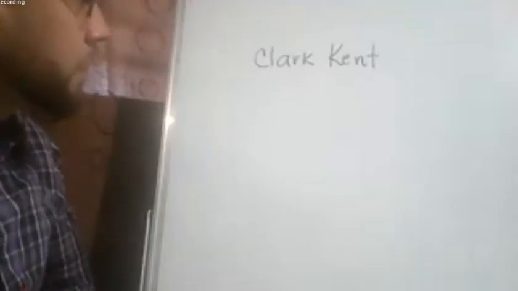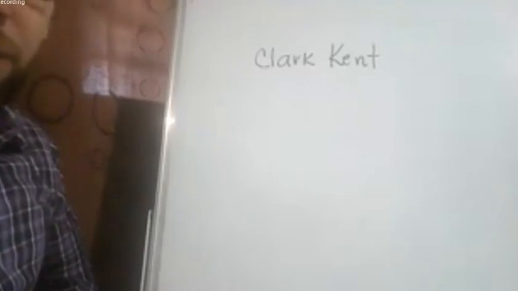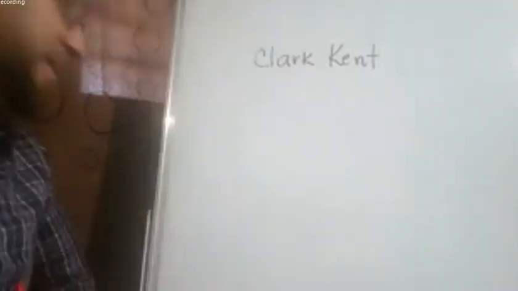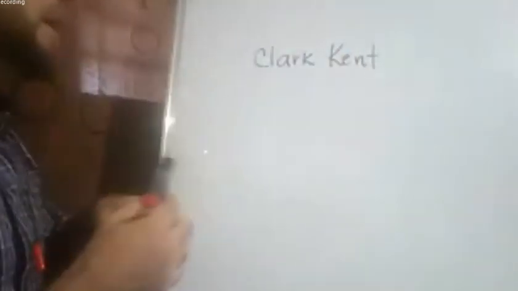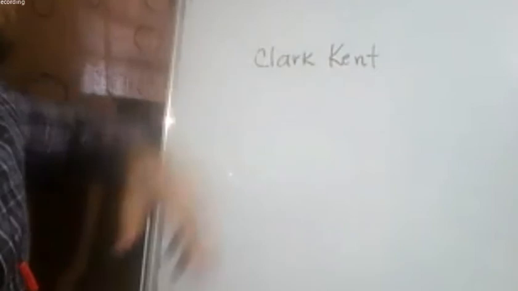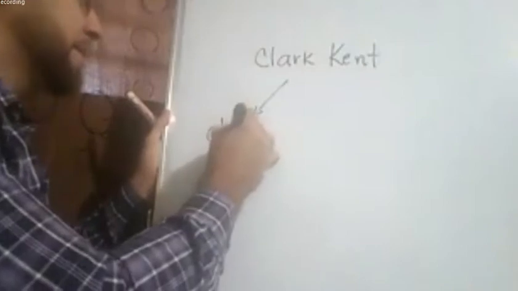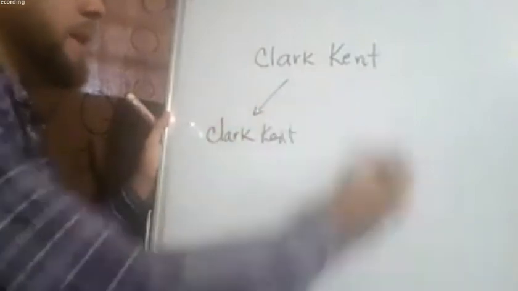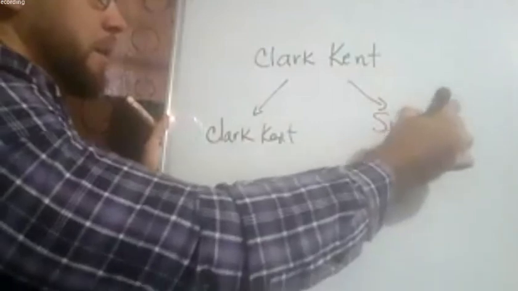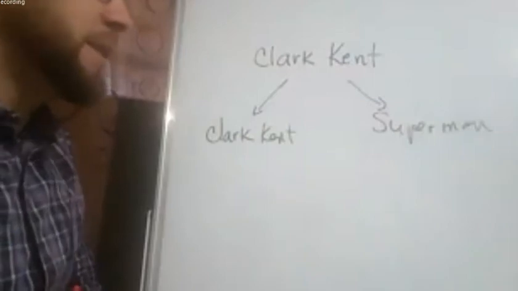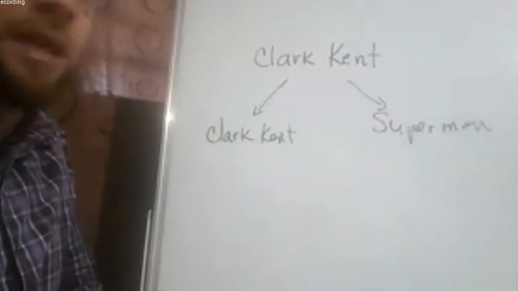I think everybody knows Clark Kent, right? Obviously, I'm not talking about any phonetician or linguist. I'm just talking about the character from the cartoons, the comic books, and whatever. So Clark Kent has two identities. One is Clark Kent, and the other one is Superman. It doesn't matter which identity he takes, he will always be Clark Kent.